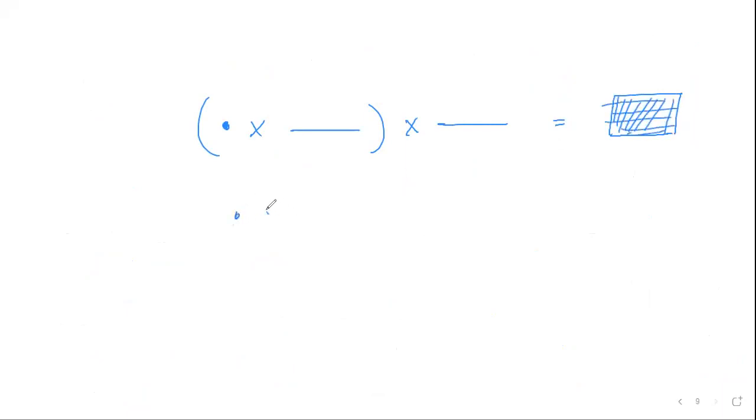Or you multiply first with the line and then multiply with the point, again you will get the rectangle. So ये तो मैंने एक example दिया, but you can see that the associative property holds.